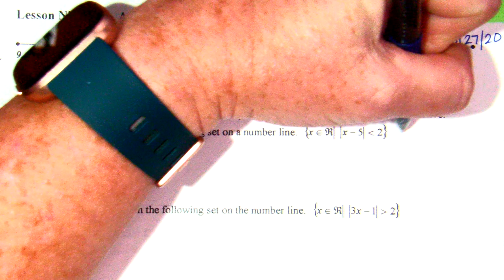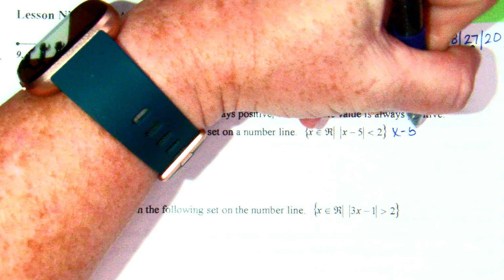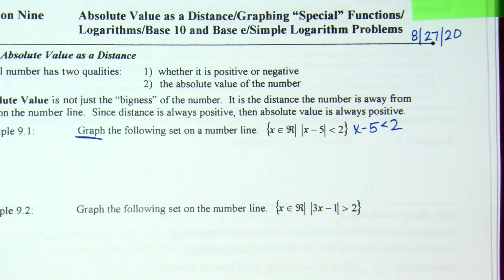So my absolute value is by itself. I'm just going to set it up over here. The first one, you drop the absolute value but keep it as is. So x minus 5 less than 2. It's a less than sign, so I'm going to use the word... nothing, less than, as opposed to greater than.